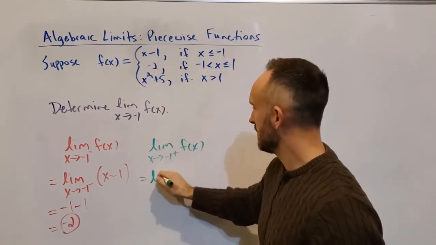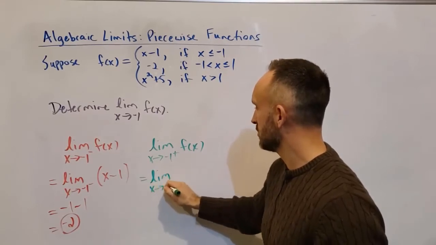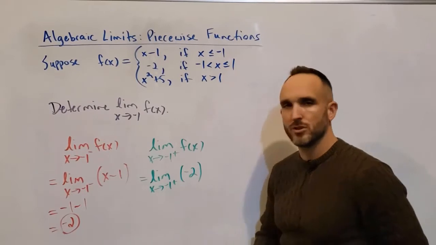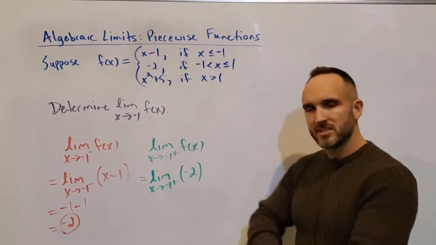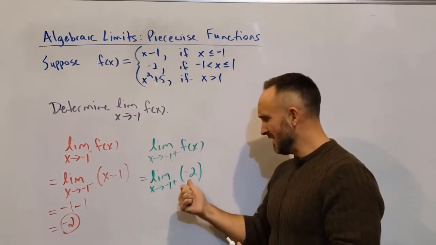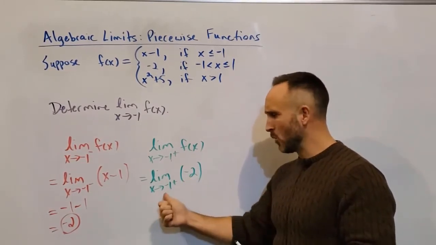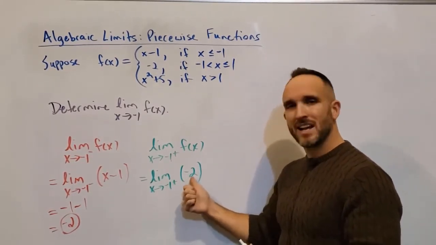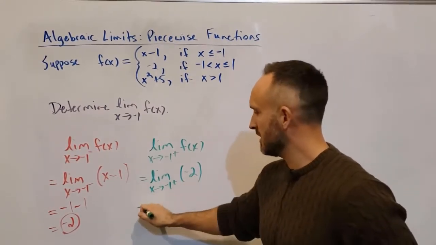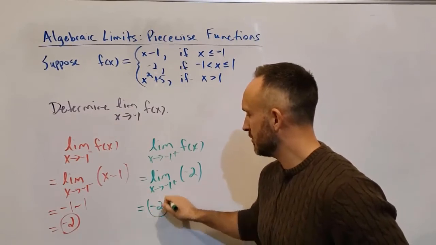So this is the same thing as the limit as x approaches -1 from the right of the constant output -2. Now, this is a little strange, maybe the first time you see it, but this output is constant, no matter what x is. Because there's no x in the formula, it does not have an impact on what the output is. So this limit is just -2.